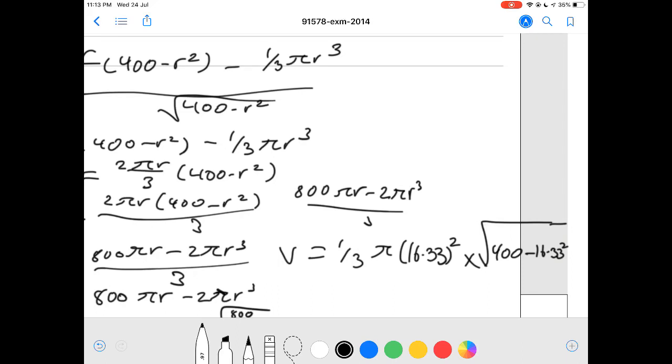You plug this into a calculator. Be careful of the brackets, put the brackets in the correct place. Just to be careful, you don't want to make a mistake.